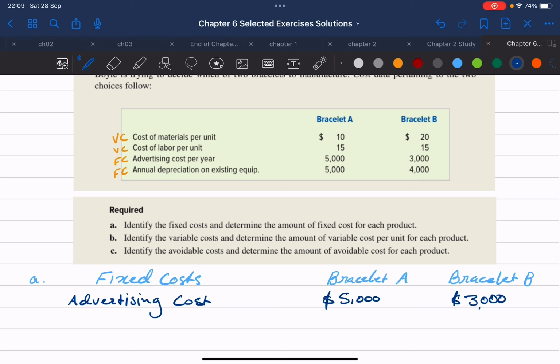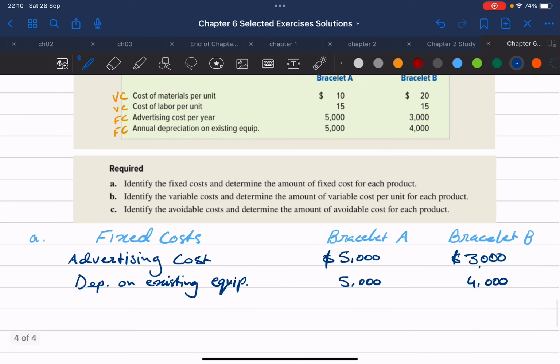And then we have another fixed cost, which is the annual depreciation on the existing equipment. Depreciation on existing equipment. For bracelet A, it's $5,000. And for bracelet B, it's $4,000. Okay, so now I could go ahead and calculate the total fixed costs for each bracelet.